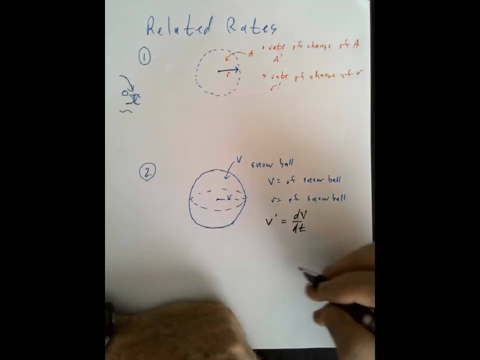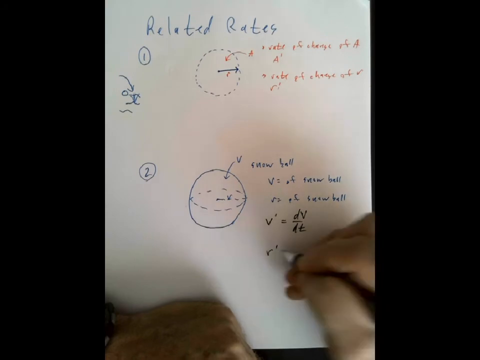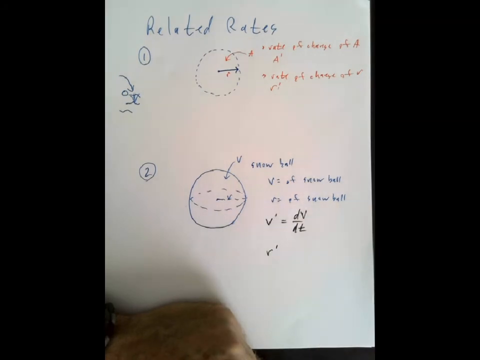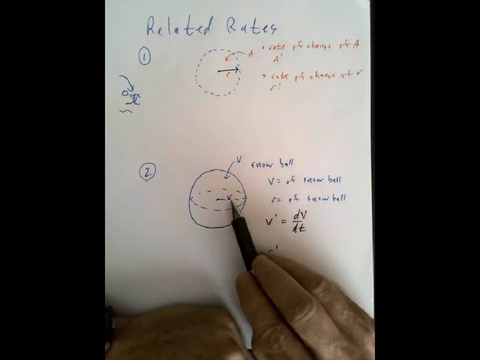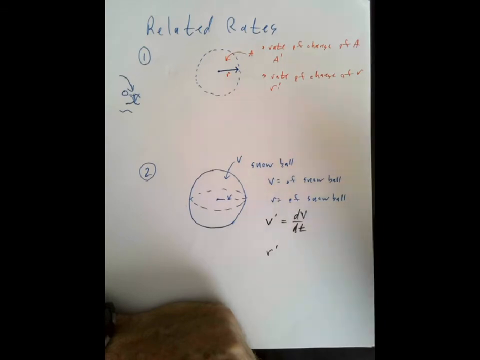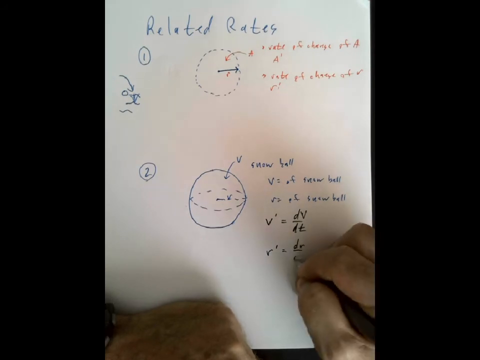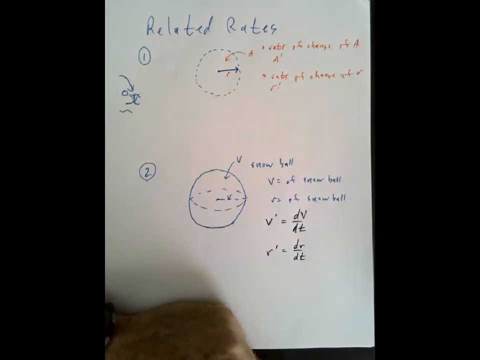Okay, so then that's related to, as the snowball melts, of course, we're going to have R primed. That's the rate at which the radius, in this case, is decreasing. Does that make sense? The radius is getting smaller with respect to time. So we're going to call that, using our formal calculus notation, dr/dt.